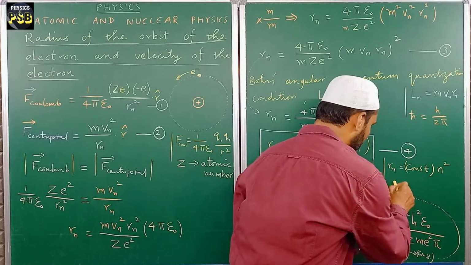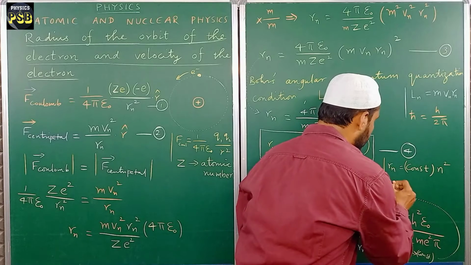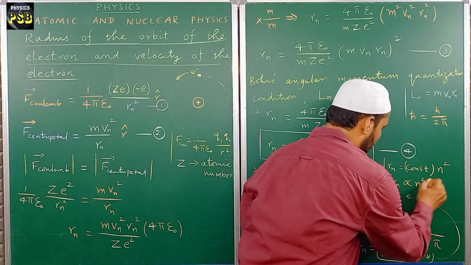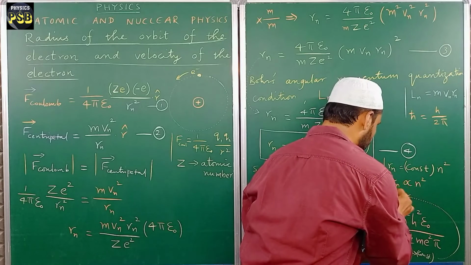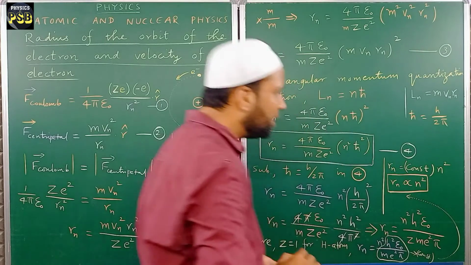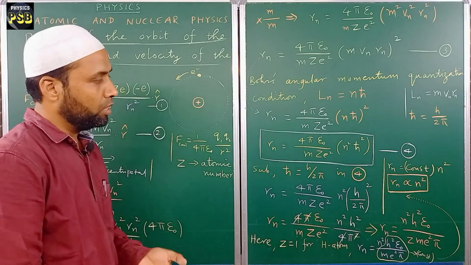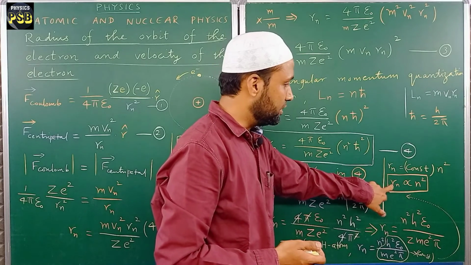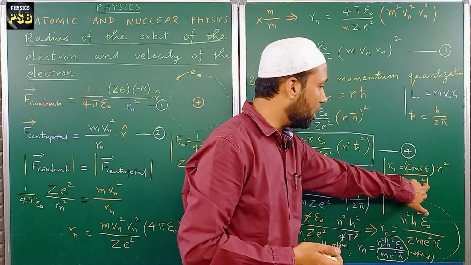So Rn is directly proportional to n square. This is what we obtain here. I box this. This clearly shows that the radius of the nth orbit is directly proportional to the square of n.